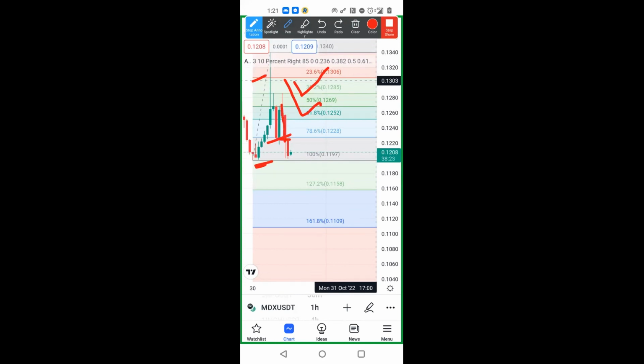Then it moved up before it came down again, if it had to continue. So still, even if you were in these areas, you would not have missed out if you trade with margin calls. Now that is the first indicator that I wanted to share with you, the auto FBI retracement.